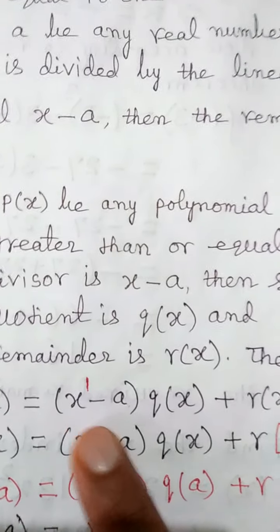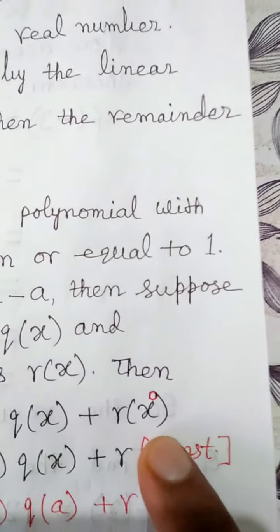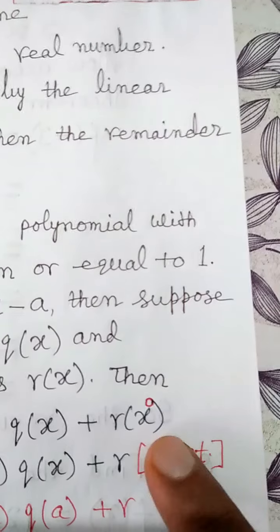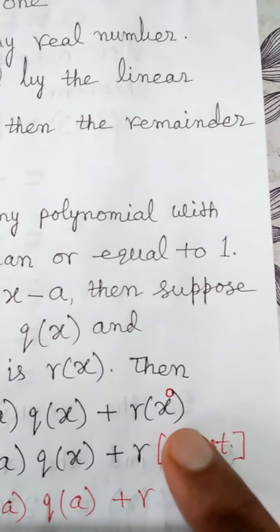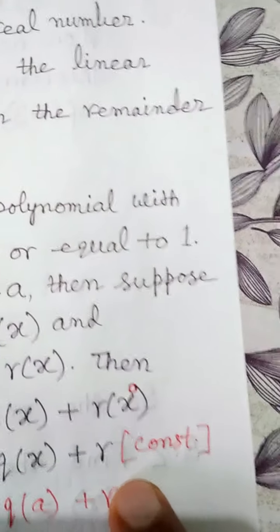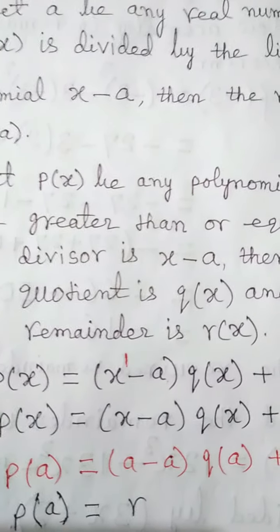Its degree is 1, so the degree of r(x) will be less than 1, that is 0. When its degree is 0, then x to the power 0 gives 1, so r into 1 is r, which will be a constant. In this way r is a constant.